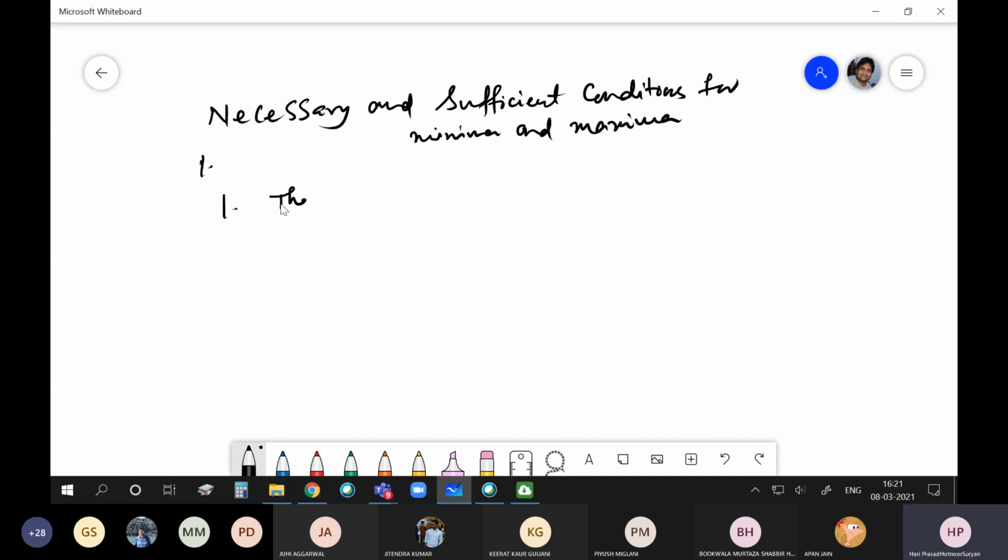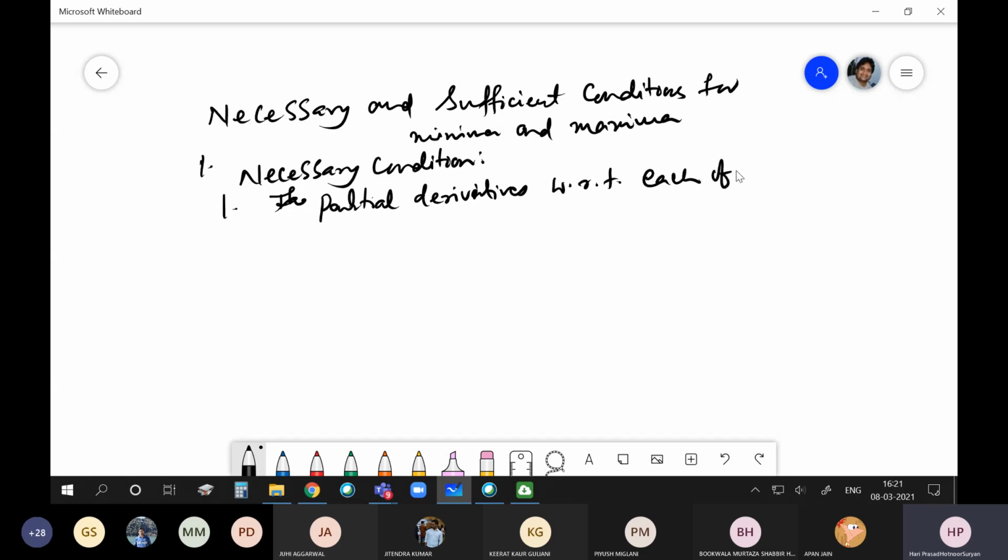The necessary condition is that the first partial derivatives with respect to each of the decision variables should be 0.